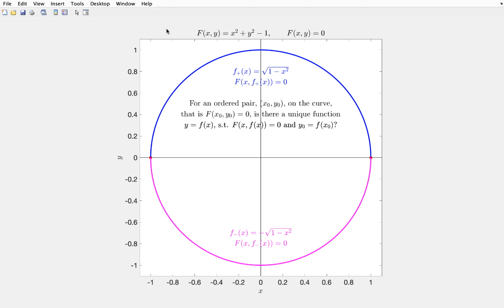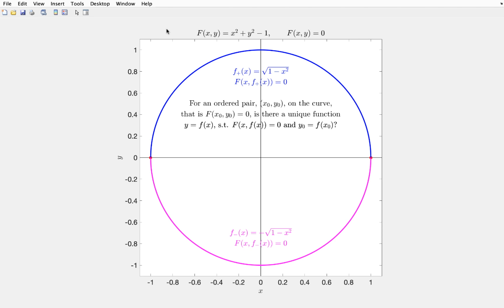In other words, the graph of the function y equals f of x is on the curve defined by the 0 level set of f of x comma y, and the function passes through the ordered pair x naught, y naught.